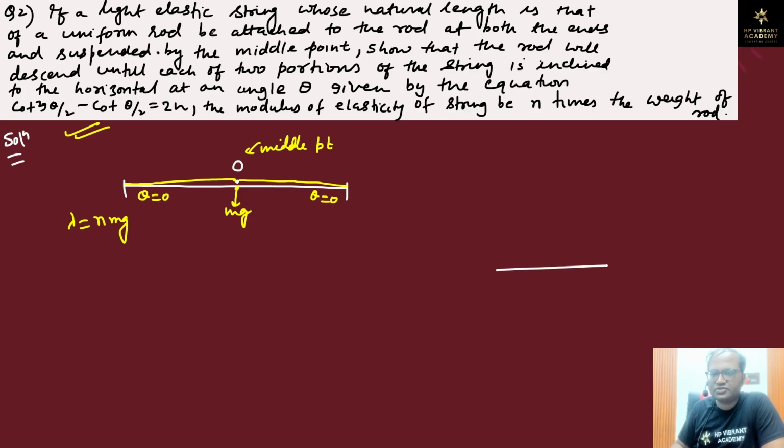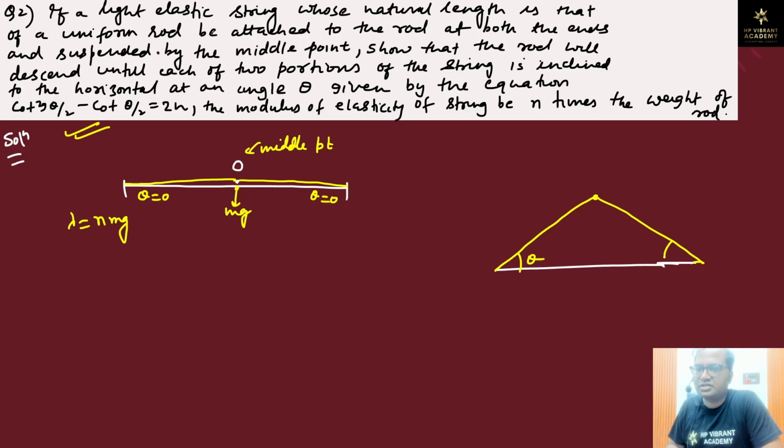So what will be the final position? Let us consider this. This is the position of the rod at the inclination of angle theta of the string with the horizontal. So this is our final position of the rod. We have the inclination as theta. This distance is a, and this distance is also a.